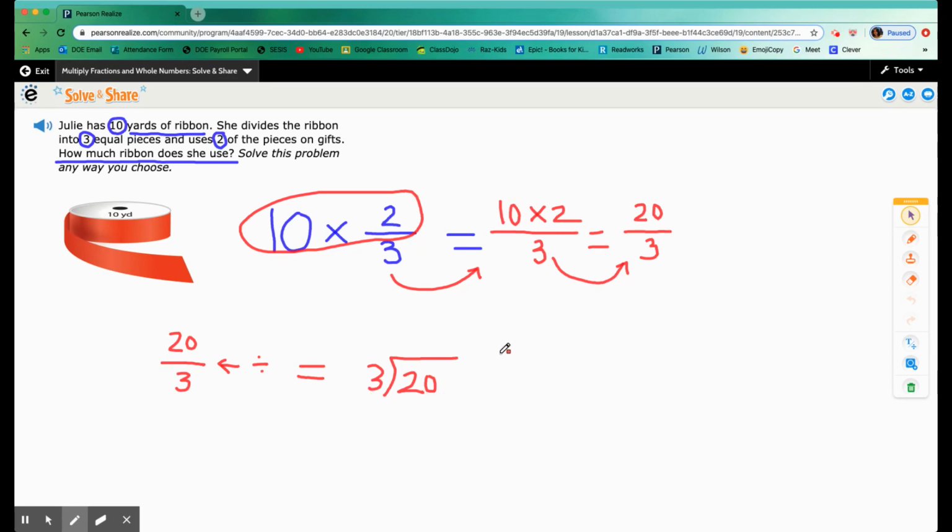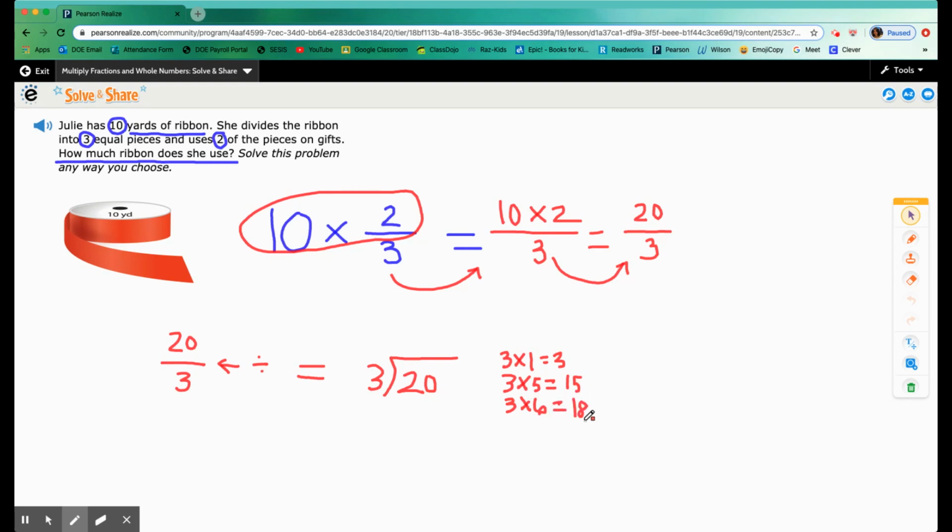So let's make a list of multiplication facts. 3 times 1 is 3. I can go much further than that to reach something exactly 20 or less. Let's try 3 times 5, which is a fact I have in my memory. 3 times 5 is 15. 15 is close to 20, but I think I can try going a little bit further. So let's try 3 times 6, 18.